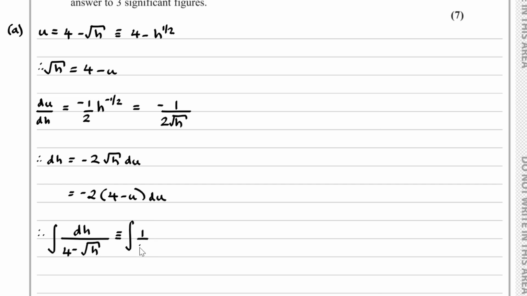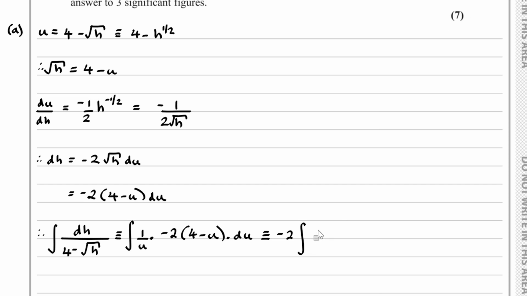So we have 1 over u lots of dh, which is minus 2 lots of 4 minus u, and we're integrating this with respect to u, and all this is equivalent to minus 2 lots of, here we have 4 over u minus 1.